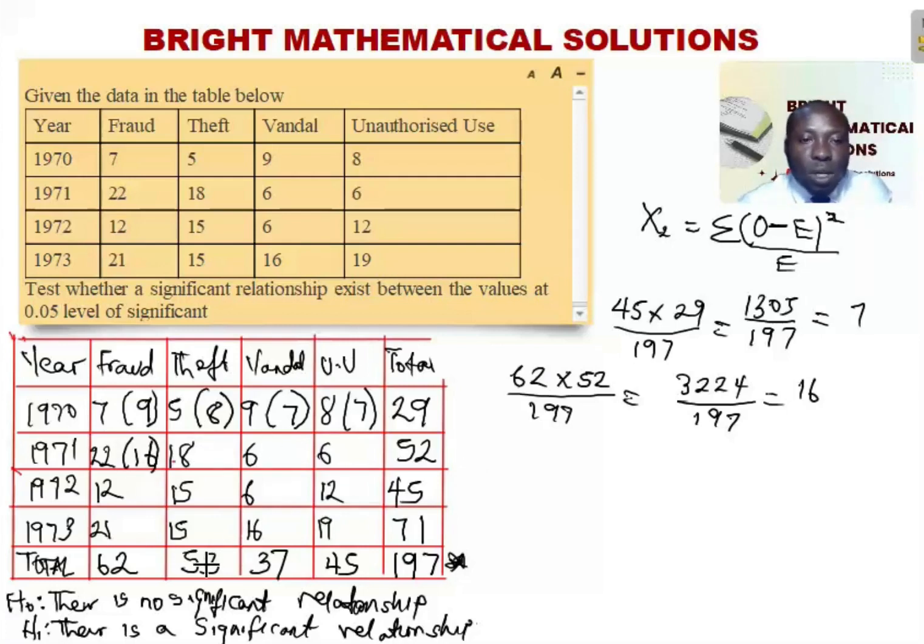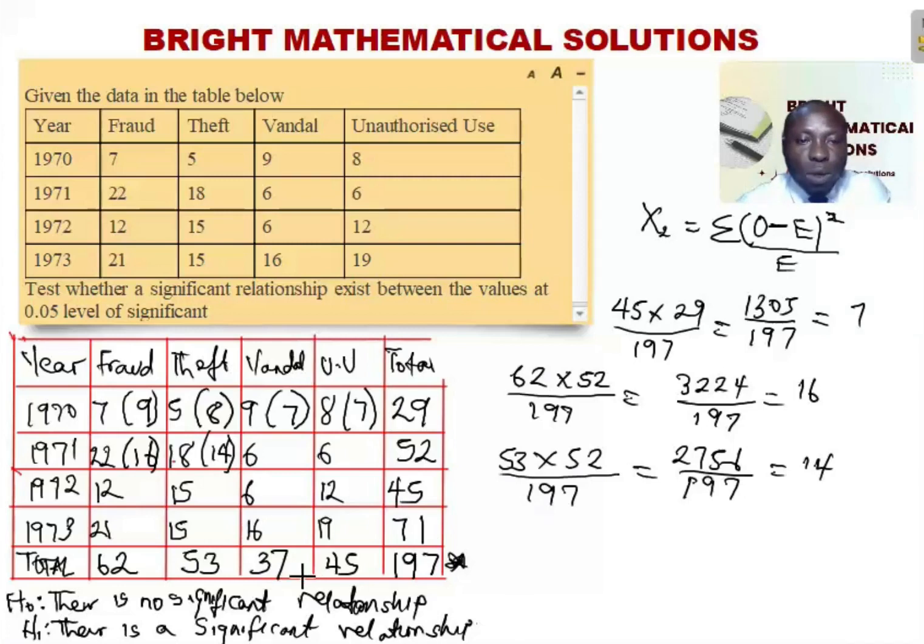So for the next one, that's 53 multiplied by 52 divided by 197. So that is 2756 divided by 197, and that gives me 14.